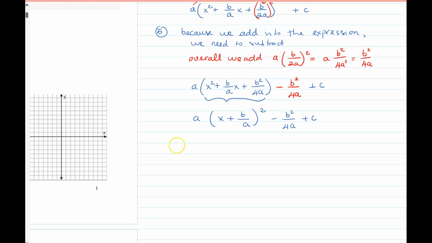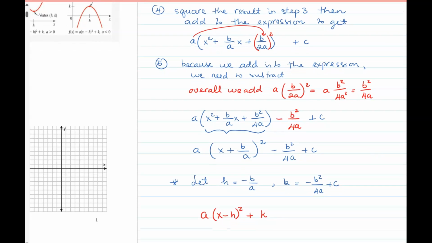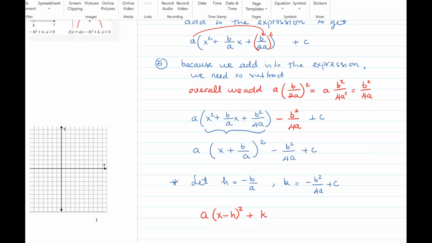So then what we really did here is we'll go ahead and let h equal to negative b over 2a and k equal to negative b squared over 4a plus c. Then this equation becomes the standard form a times x minus h squared plus k. Okay. It looks complicated. However, when we do that, it's really simple.